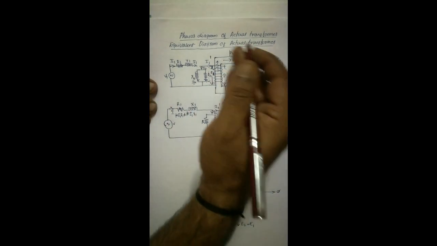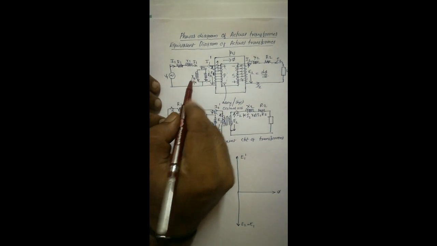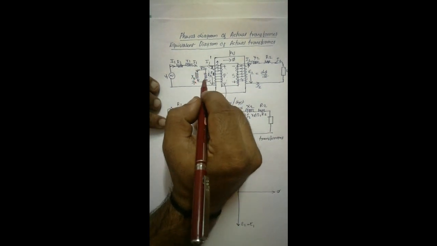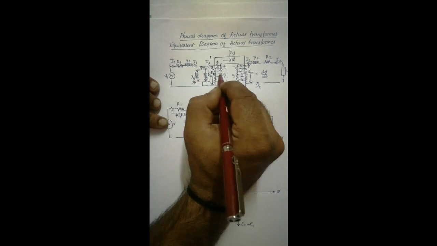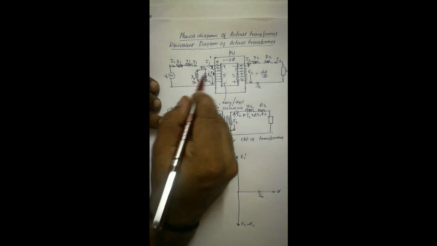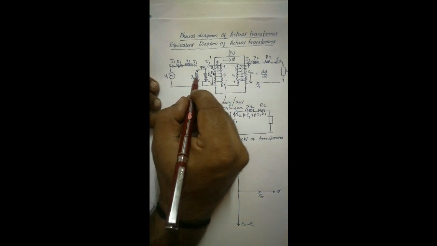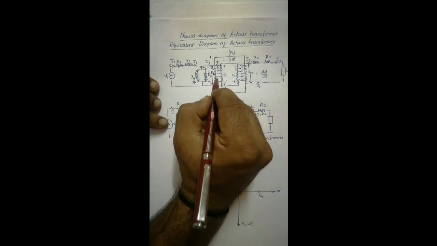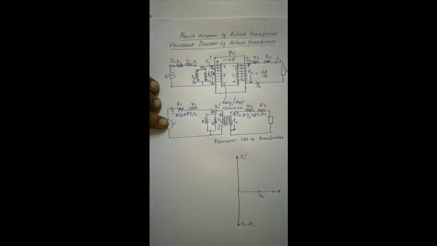Now again come back to the primary side, and we are going to write these elements. Here we know the current I mu is the magnetizing current. It depends on the flux, so it will be in phase with phi. This is the eddy current loss because of the field existing in the core.